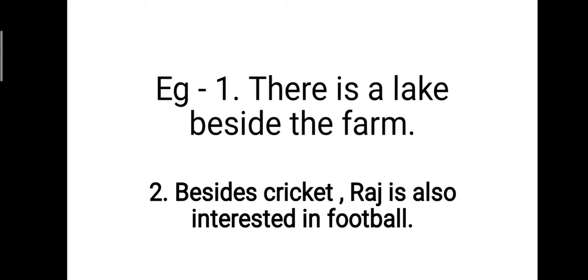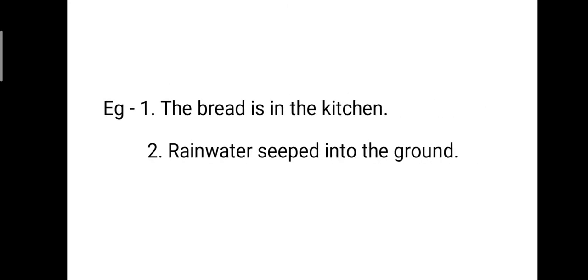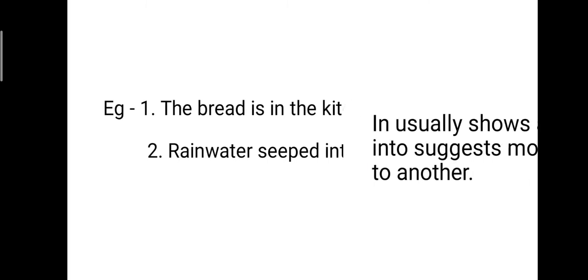Now, there are some prepositions which you may get confused about. So let me tell you the gist of all this. The first we have here is beside and besides. So student, beside means next to, while besides means in addition to. Then the next two are in and into.